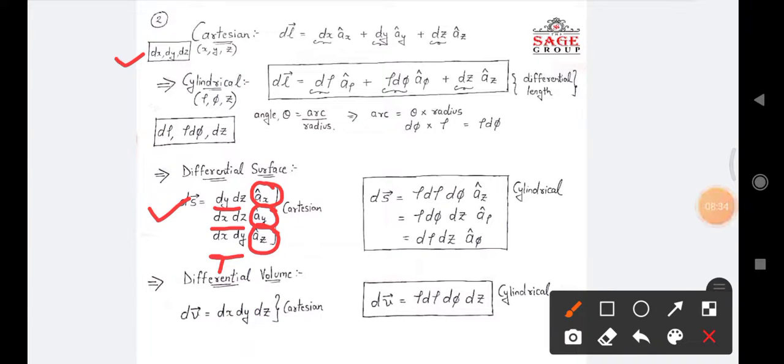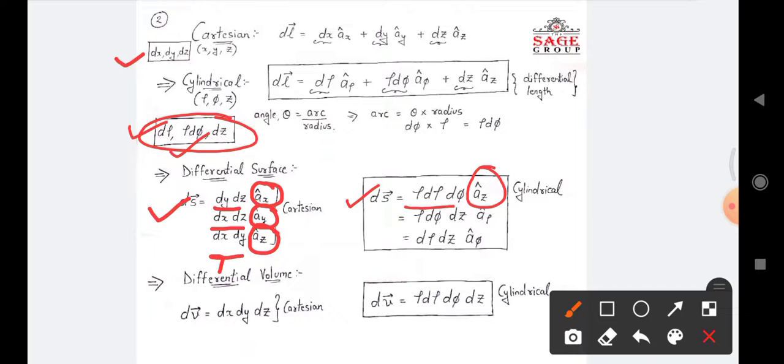Now you see here the differential surface formula for the cylindrical coordinate system. What we have done is multiply these three parameters. In the first step I have multiplied d rho and rho d phi. So what do we get? Rho d rho d phi. Now which is the remaining parameter? Z. So I have written the unit vector of the remaining parameter, az.